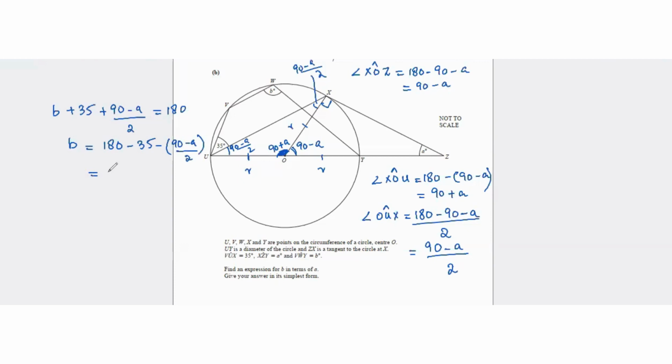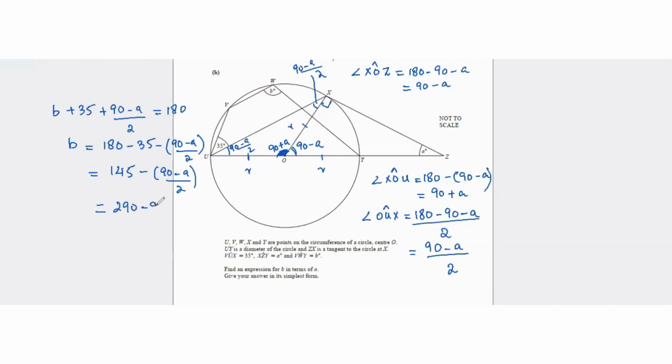180 minus 35 is 145. 145 times 2 would be 290.